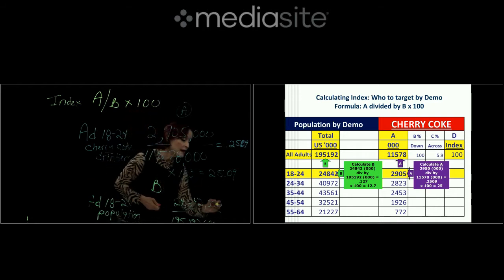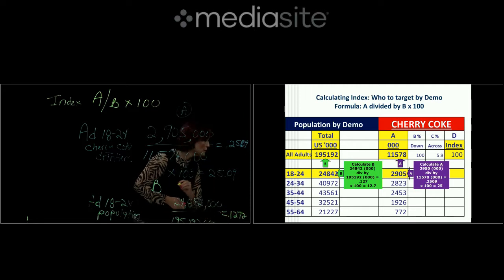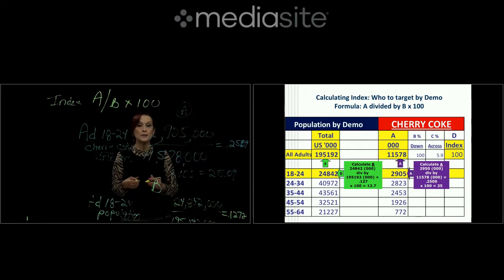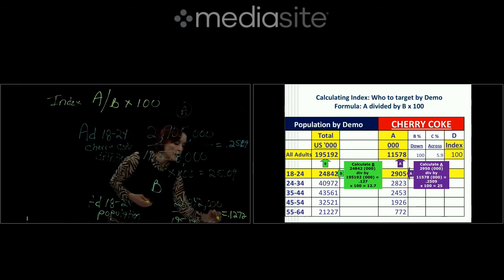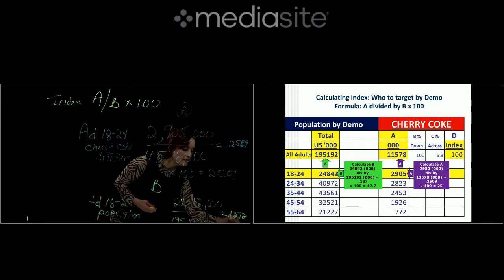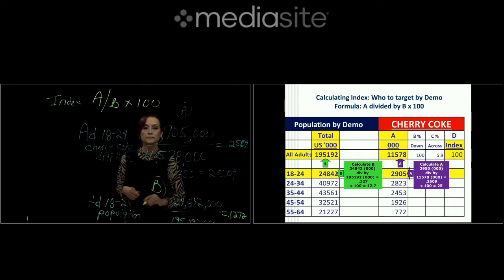So that is 0.1272. Okay, so now when you multiply this times 100, it becomes 12.7. Okay, so now this is A and this is B.